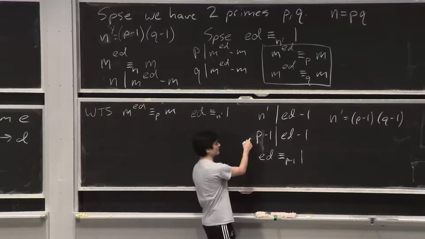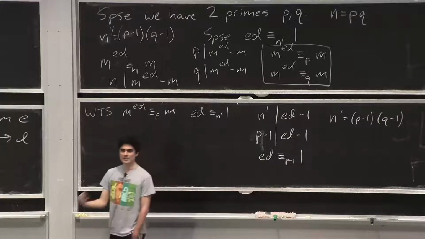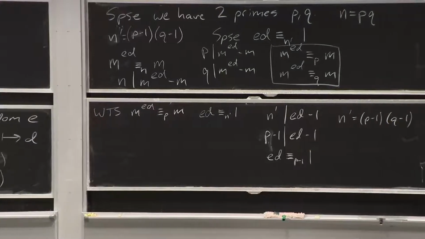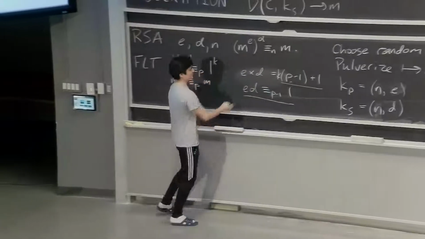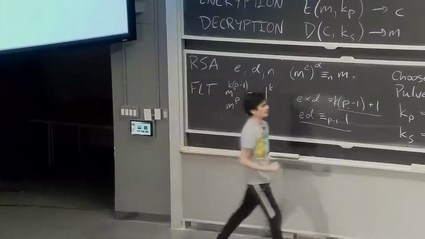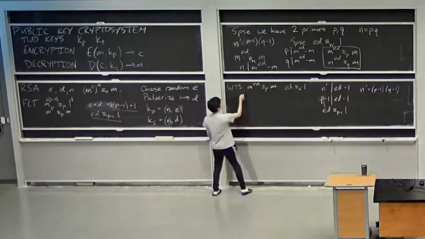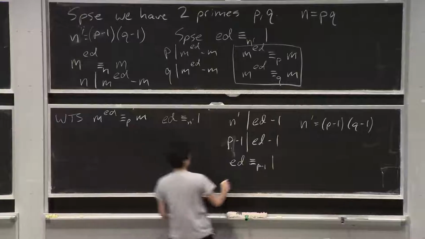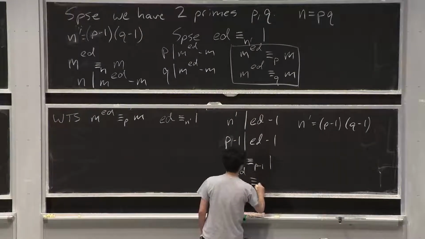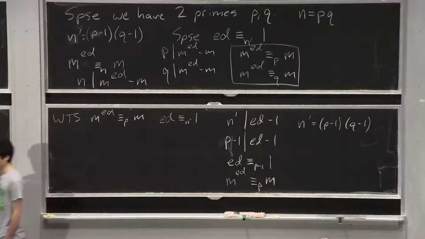So we know that p minus 1 divides ed minus 1. So that's just saying that ed is congruent to 1 mod p minus 1. Right? And that's the condition we had here. So now by FLT, m to the ed is congruent mod p to m.